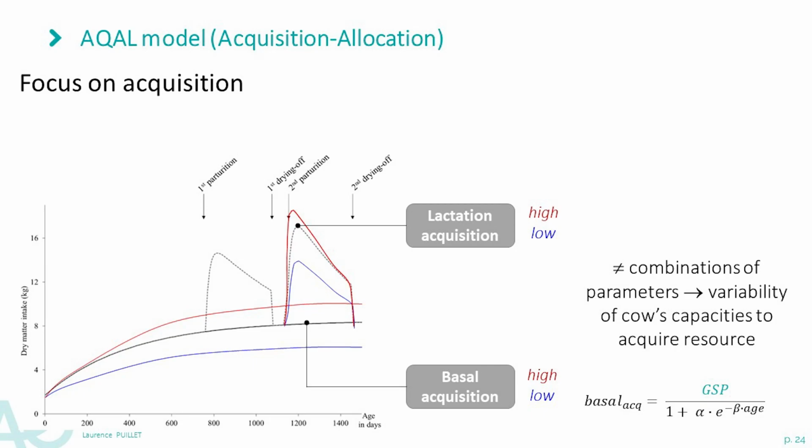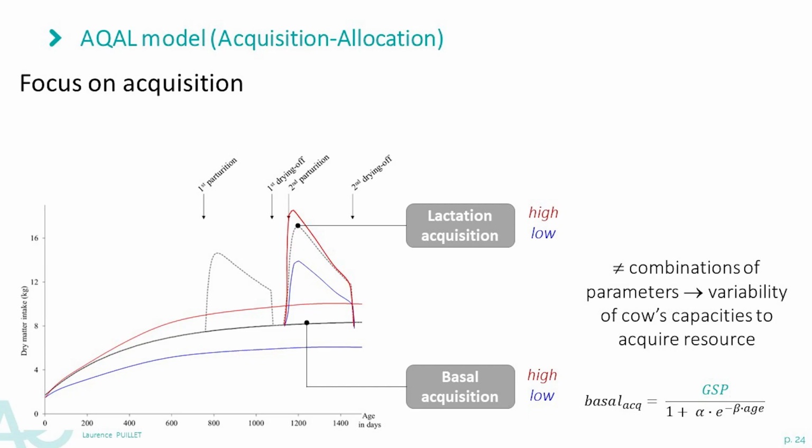And if you play on the parameter behind this component, it's basically the asymptote of the equation. It's a sigmoid equation. You can simulate cows with low or high level of basal acquisition. So it's in kilograms per day. And the same for the acquisition during lactation.